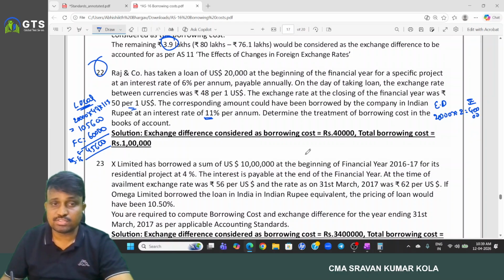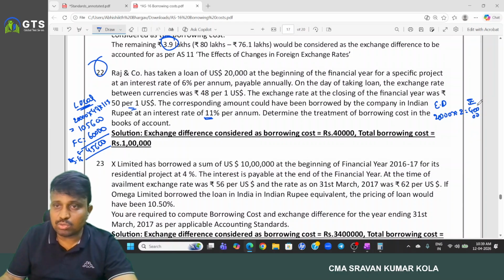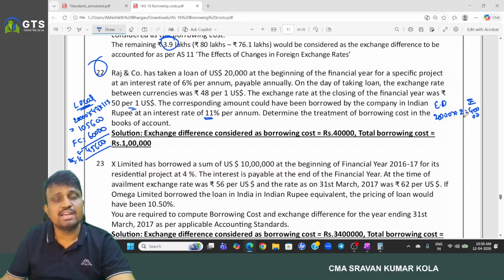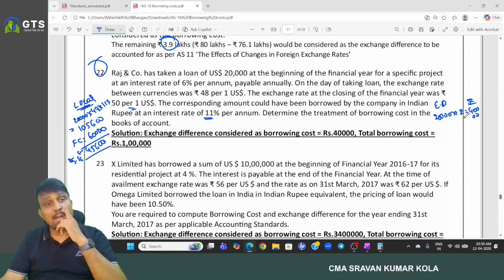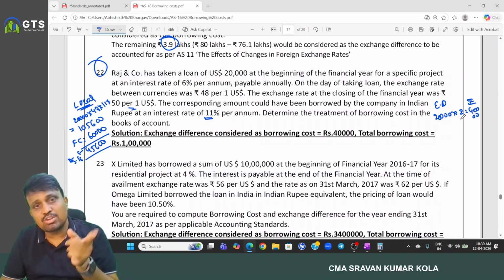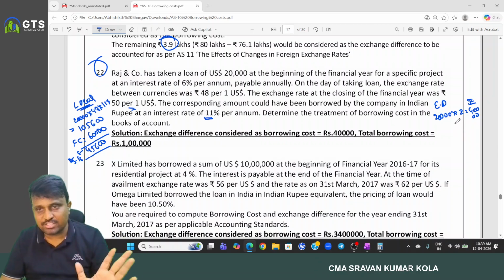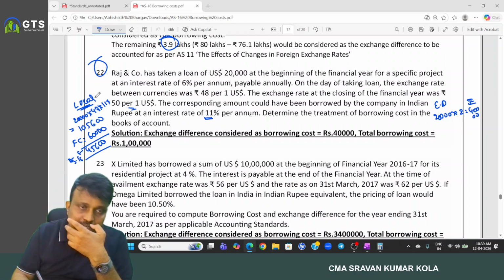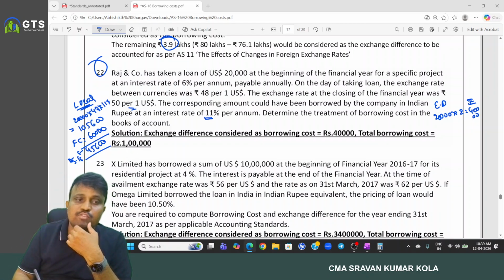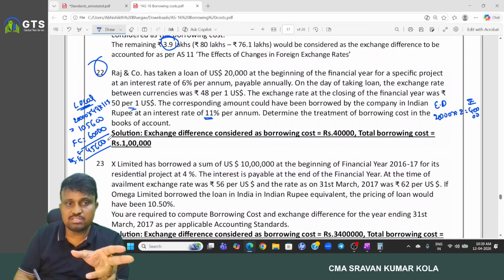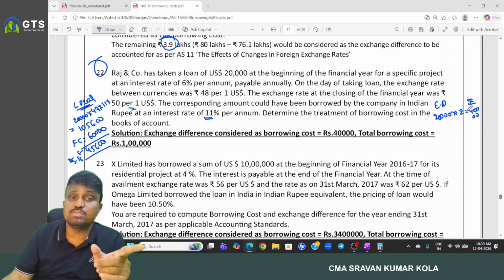45,600 covered under AS-16. And the total amount of exchange difference is how much? 40,000. But remember, the maximum amount of exchange difference covered under borrowing cost cannot be more than the actual exchange difference. Here, the difference between local currency and foreign currency borrowing interest is 45,600, but the actual exchange difference is 40,000.